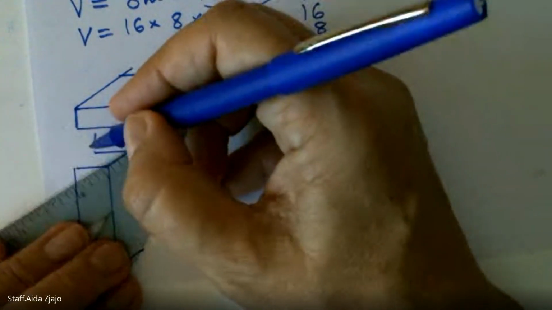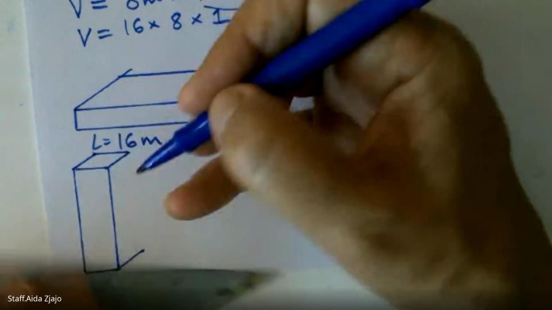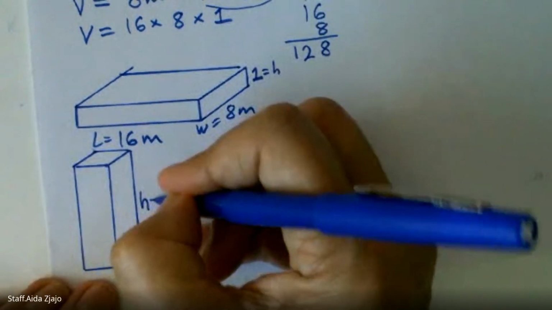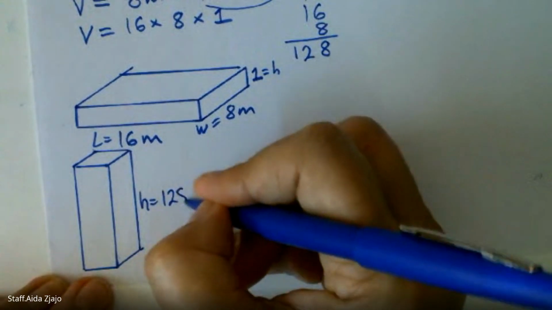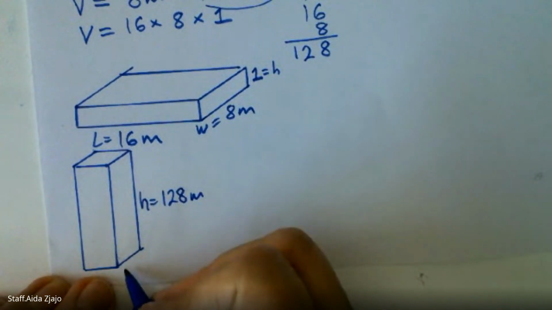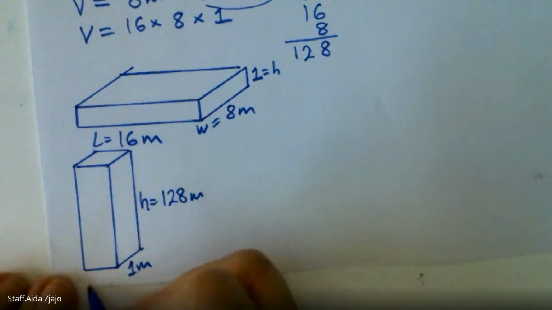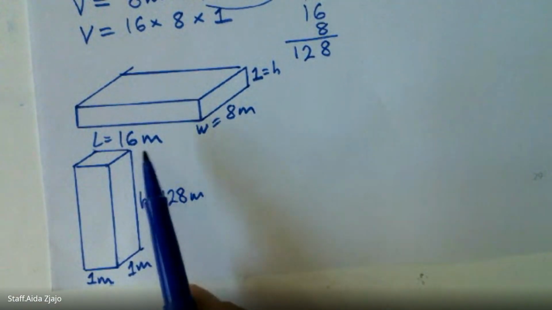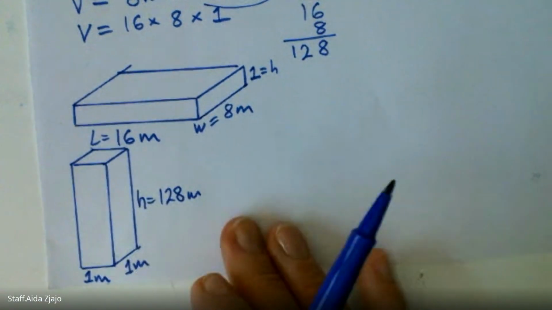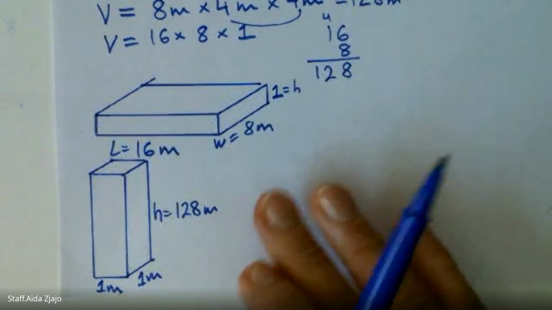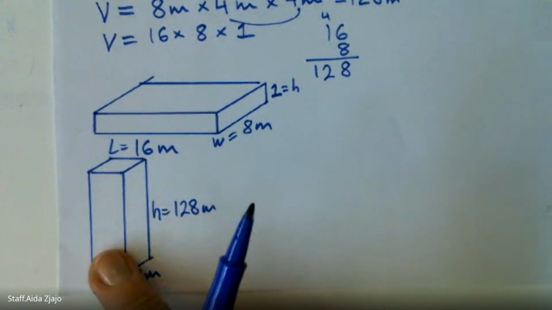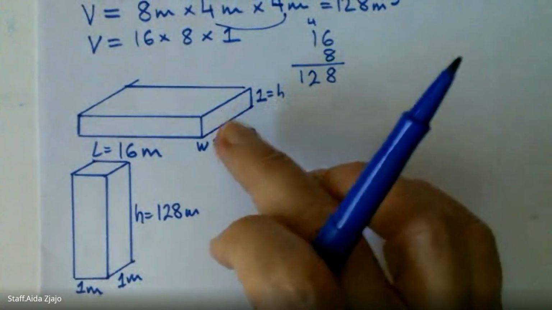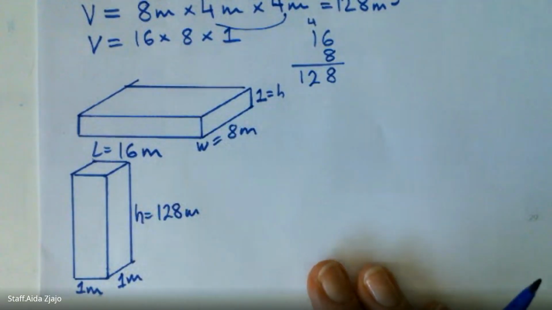If somebody has a storage that is 128 meters tall, the height is going to be 128 meters, the width will be 1 meter, and the length will be 1 meter. So 1 times 1 times 128 will make 128 cubic meters. This will take the most height, and the other will take the most floor space.